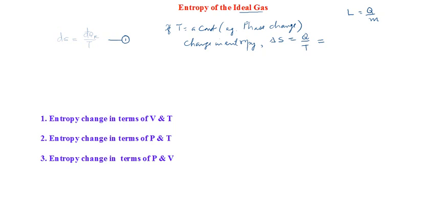Therefore, Q is equal to simply mL, where m is the mass of the liquid or sample, and L is the latent heat, divided by T. So in most problems of phase change, you can directly calculate the change in entropy using this simple expression, because the temperature is remaining constant.